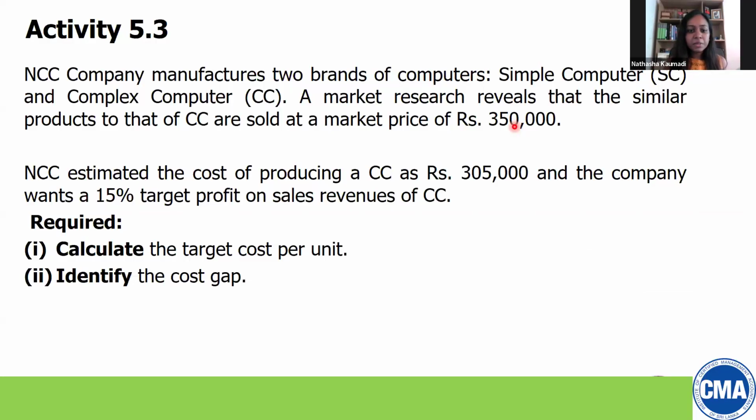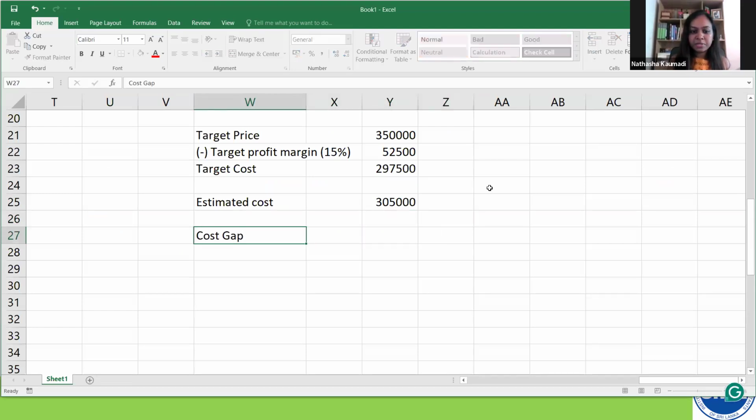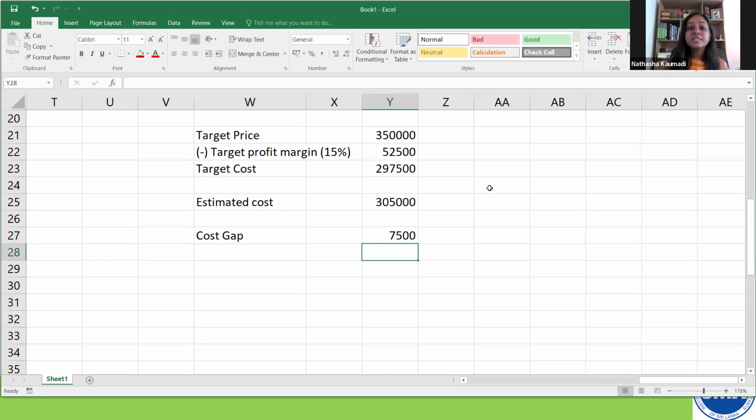But what is your estimated cost of manufacturing this computer? 305,000. What is the cost gap? 305,000 minus 297,500 is 7,500. That means you need to reduce the cost gap by 7,500 to achieve the target cost.